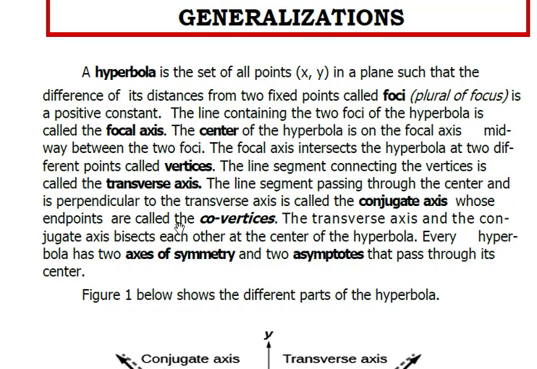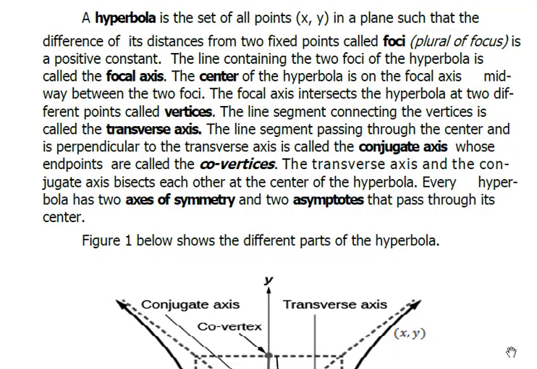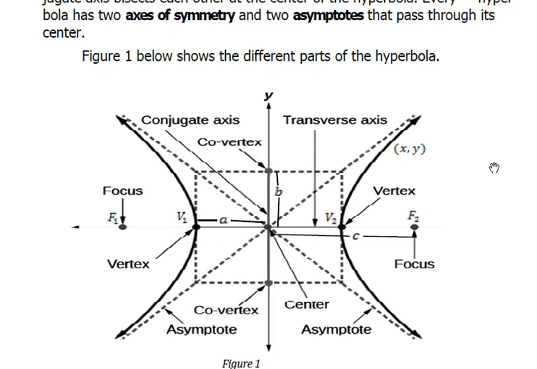Every hyperbola has two axes of symmetry, and two asymptotes that pass through its center. These two asymptotes are what we call oblique asymptotes. Figure 1 below shows the different parts of the hyperbola.